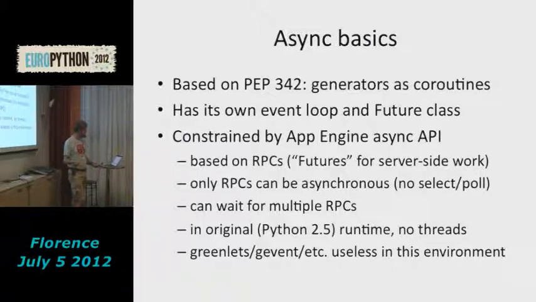One final remark. All the synchronous operations, both in App Engine's low-level data store operations and in NDB, are always implemented using a very simple recipe, which is make an asynchronous call and then immediately wait for it to return.